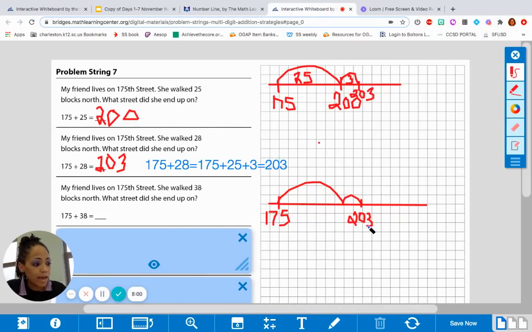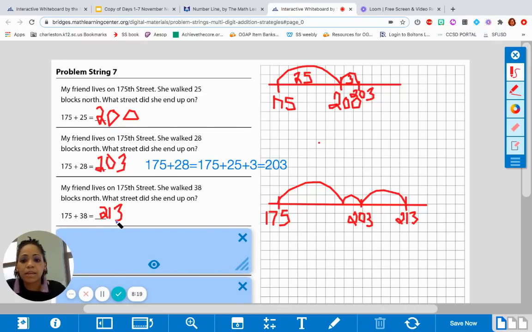How many more do we need to add to that? We need to add 10 more. So I'm going to add 10 more. And what am I going to land on? 213. So 175 plus 38 is 213.